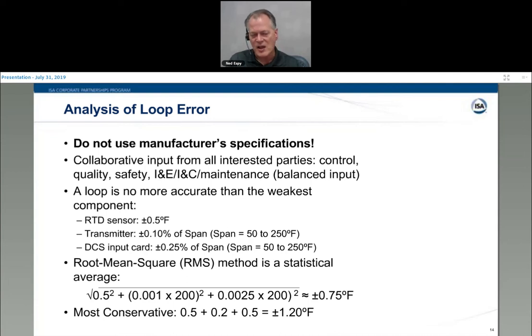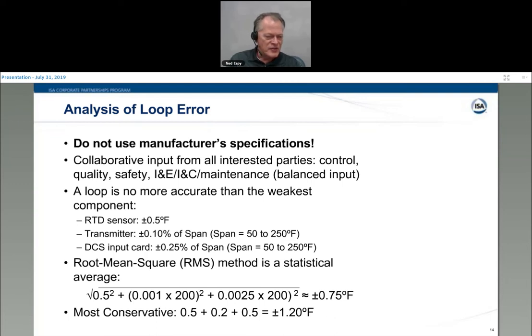So here are the three different elements in our loop, and we've determined they have three different kinds of errors. The RTD is specified in Fahrenheit, and we had to convert from percent of span to a degrees F value.